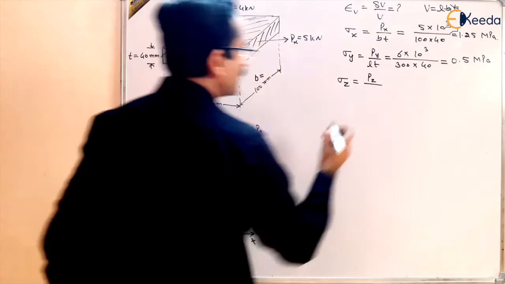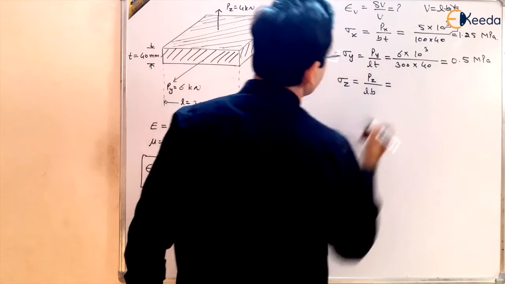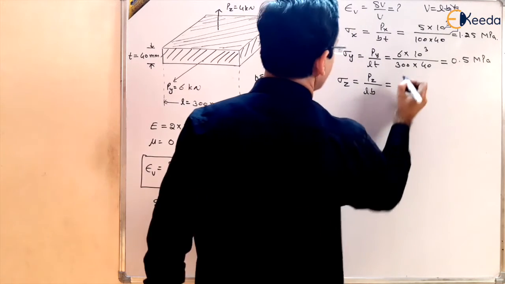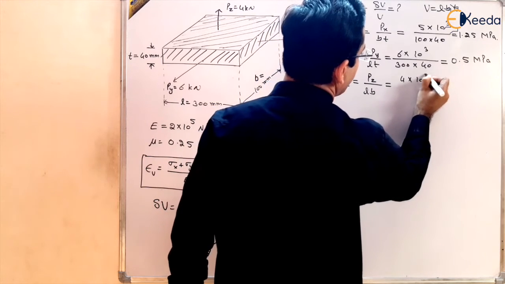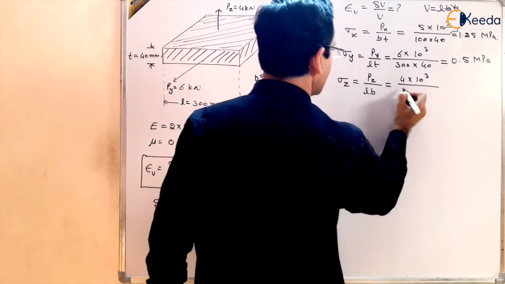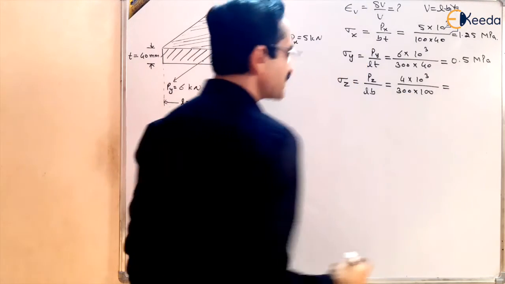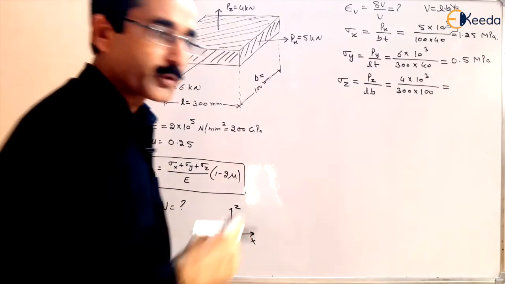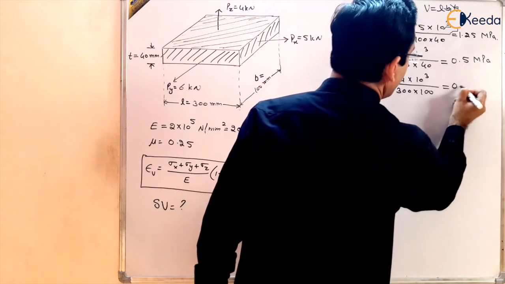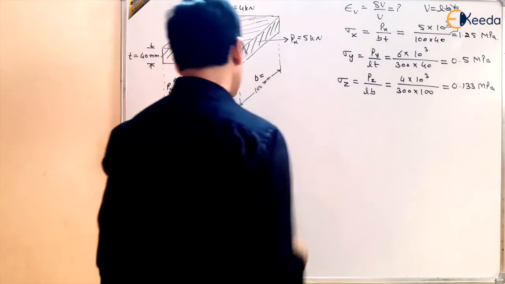This area is perpendicular to the Z direction. So that will be equal to PZ, which is 4 multiplied by 1000 to make it Newton, divided by L is 300 and B is 100. You will get the stress in Z direction, that is 0.133 megapascal.